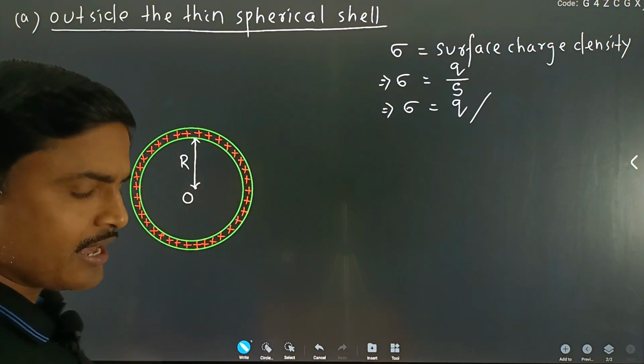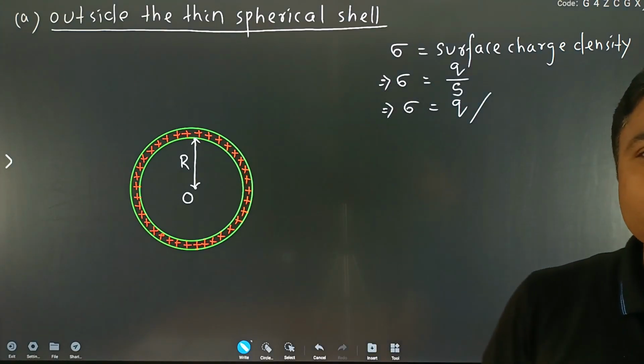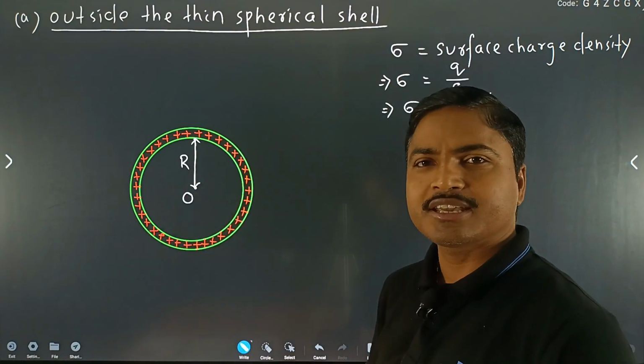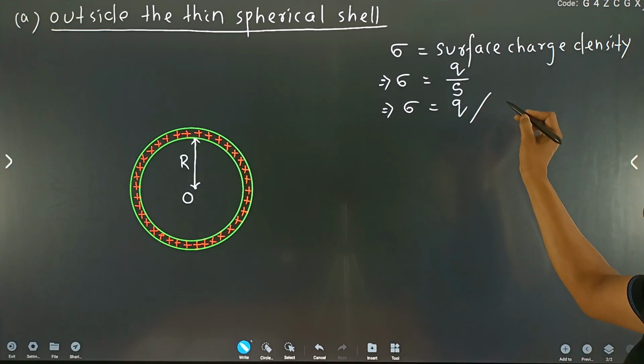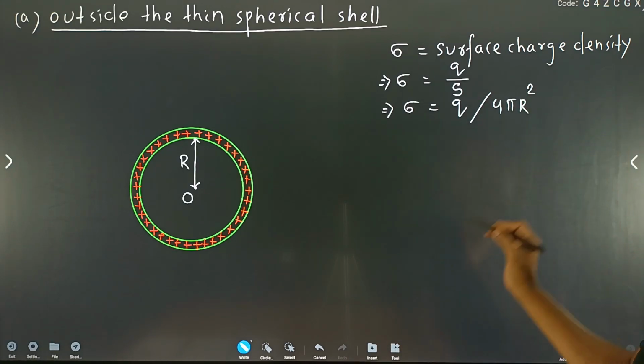Then its surface area, you know the surface area of a sphere is 4 pi r square, and the radius is capital R. So in place of S, we write 4 pi R square.